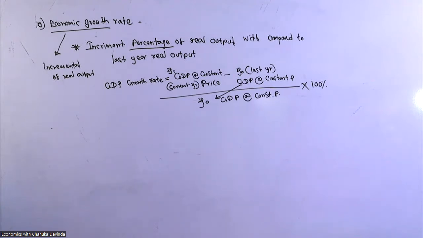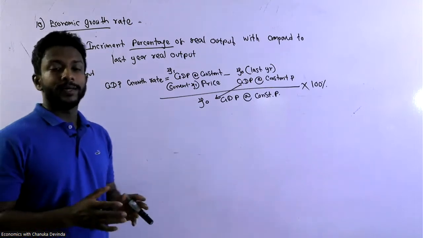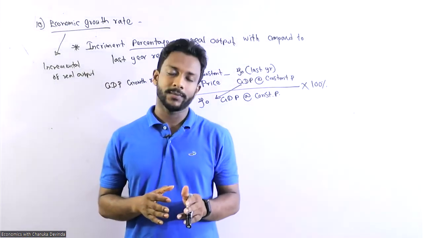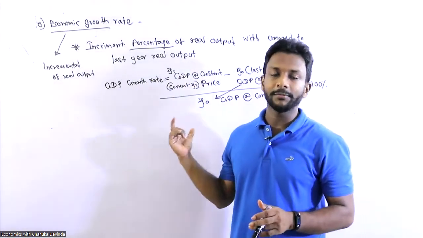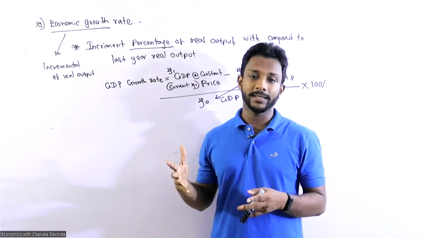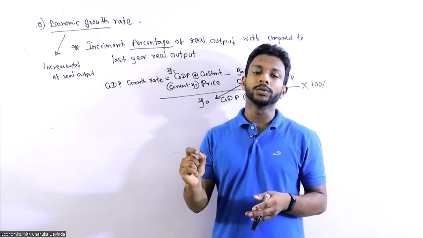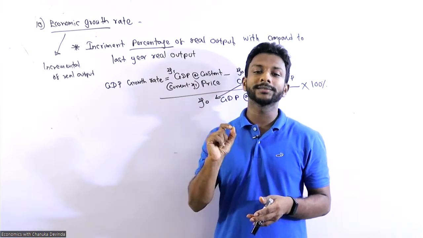What's next? Next point is the economic growth rate is calculated on the basis of fixed price, or constant price. Why? Since the current price includes the inflationary effect.